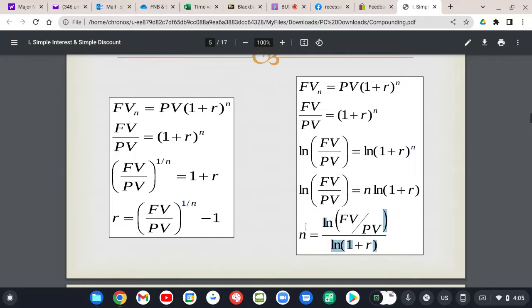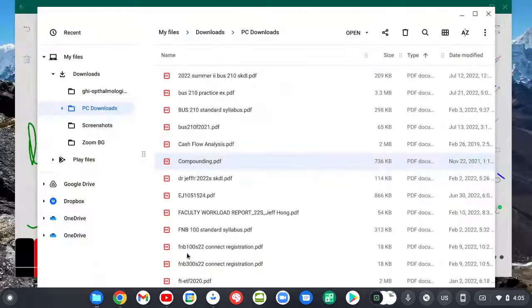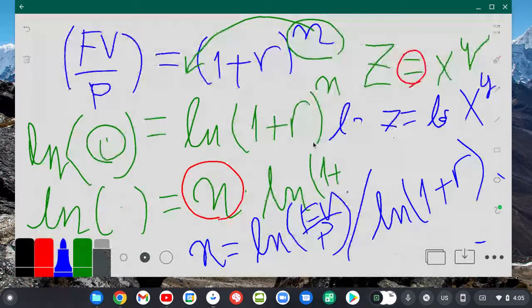Even if you just remember the final outcome, it's already good. But instead of memorizing, because if you memorize it, after the semester is over you forget it all. If you understand the process, you can always derive it from scratch, from the base formula.